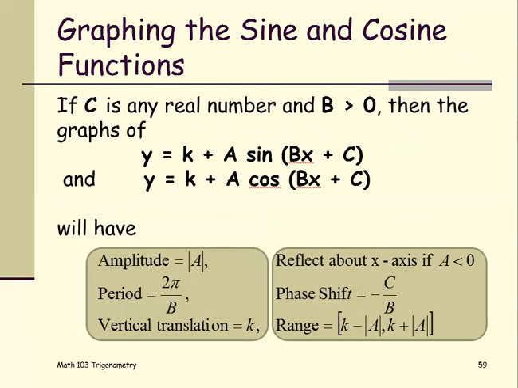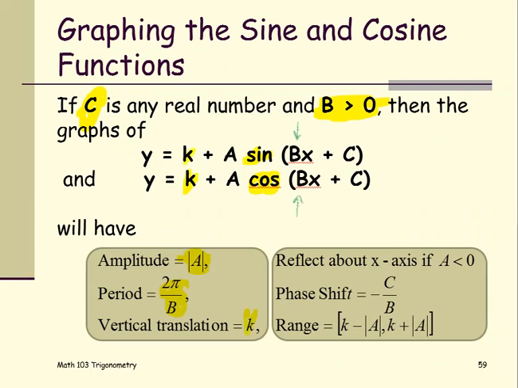In summary, for graphing the sine and cosine functions, if c is any real number and b is greater than 0, then the graph of y equals k plus a times sine of bx plus c and the graph of y equals k plus a times cosine of bx plus c will have these properties. The amplitude is the absolute value of a, the period is 2 pi over b, where b is the coefficient of x in the parentheses, and the vertical translation is k.